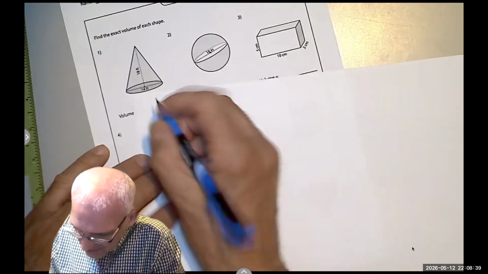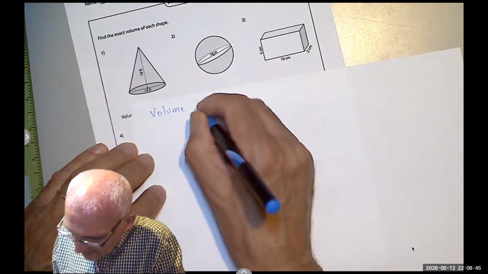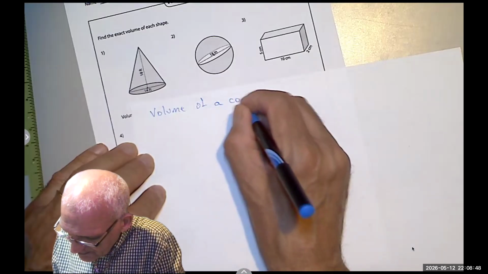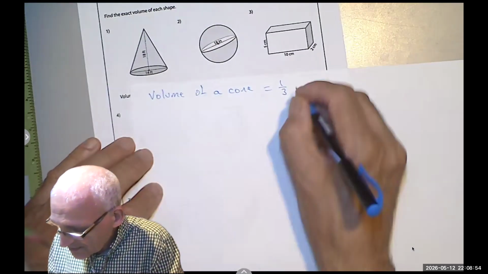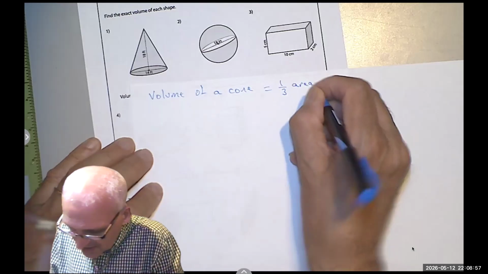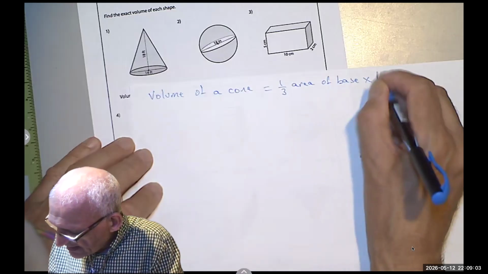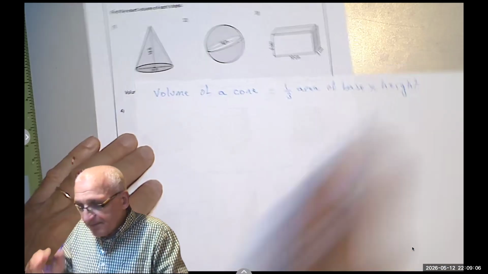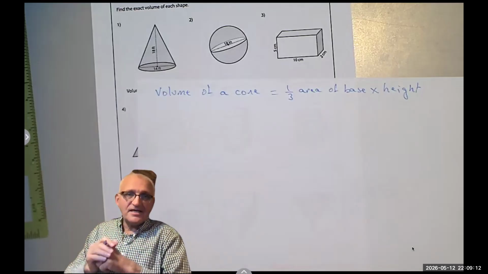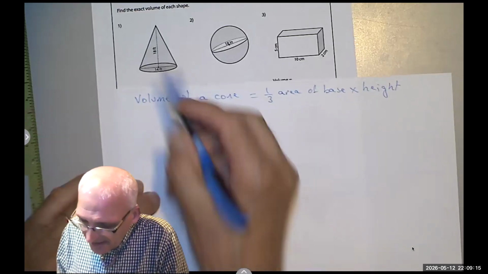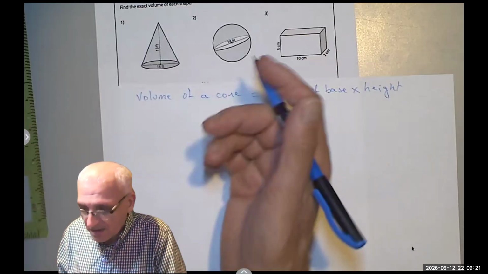So I have a cone. The volume of a cone is 1/3, not 1/2, 1/3 area of base, which is a circle, by the way, times the height. Remember, when we were considering the surface area or the lateral area of a cone, we said it's half the circumference of the base, which is pi r, not 2 pi r, just pi r.